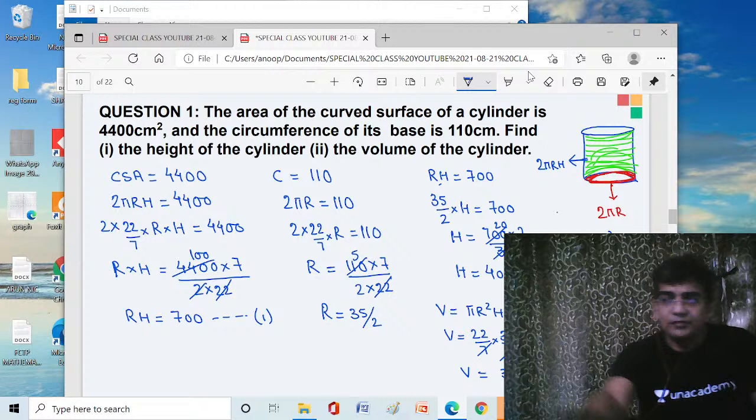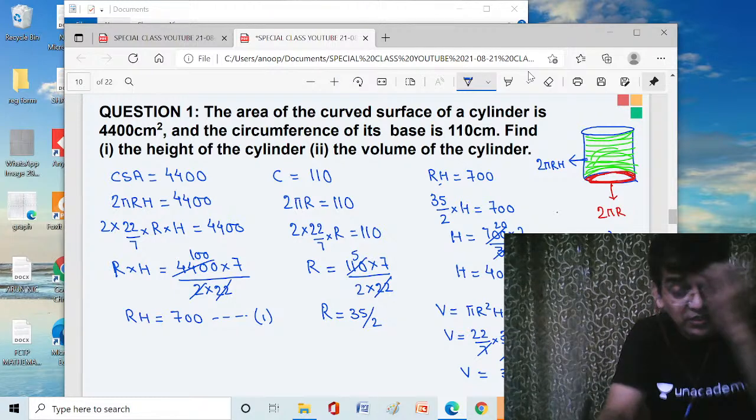And then we have to find the volume. In the formula for volume, let's substitute radius and height, and we will get the volume. Hope this is clear to you now, how to work on questions based on cylinder.